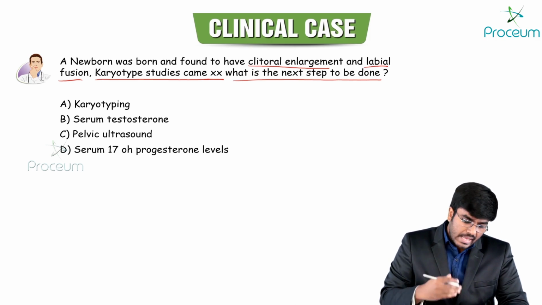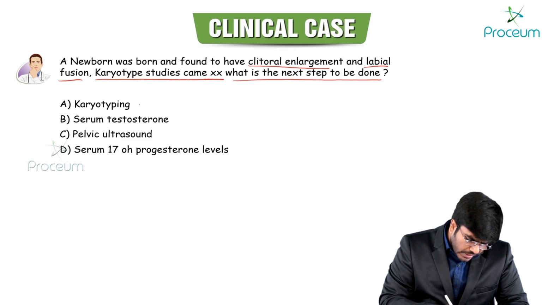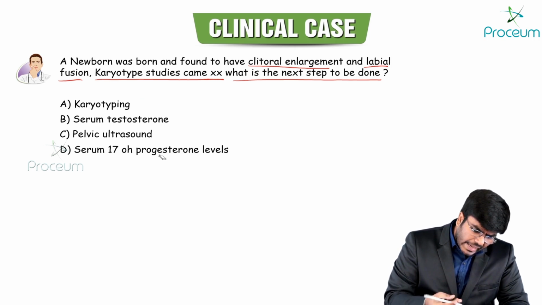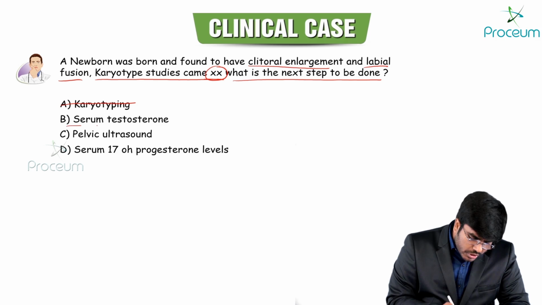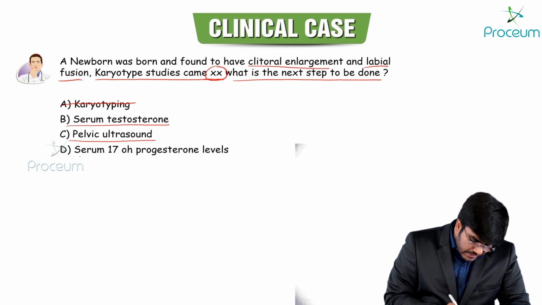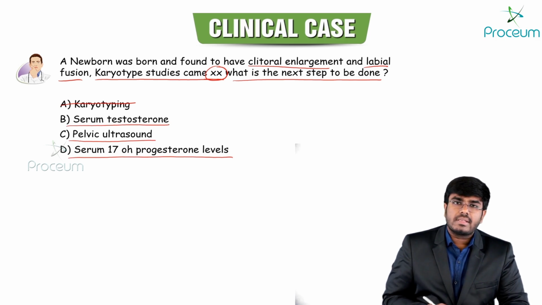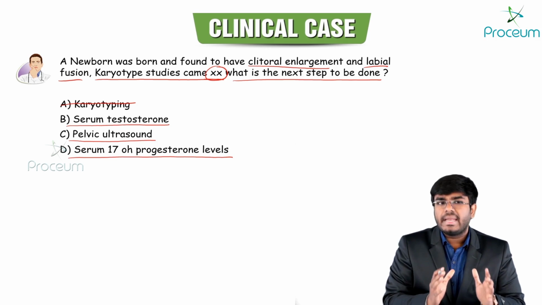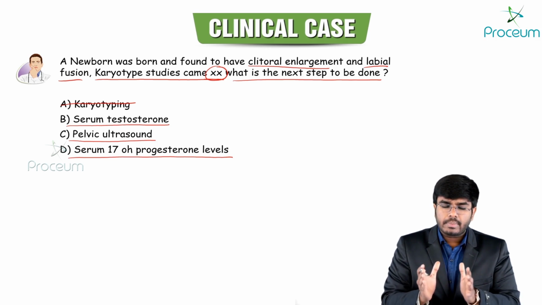Based on the options, let's derive. Karyotyping? No. Why do karyotyping? Because karyotyping is already done. It came XX. Serum testosterone, pelvic ultrasound, 17 hydroxyprogesterone levels. Now tell me, in the background you have an idea that this is congenital adrenal hyperplasia.